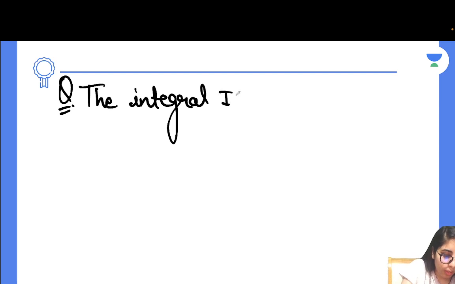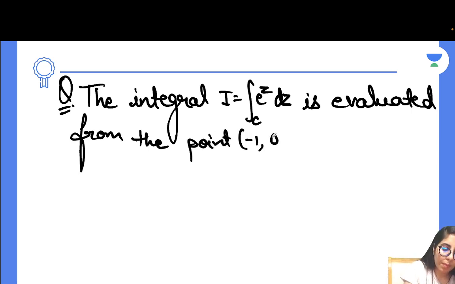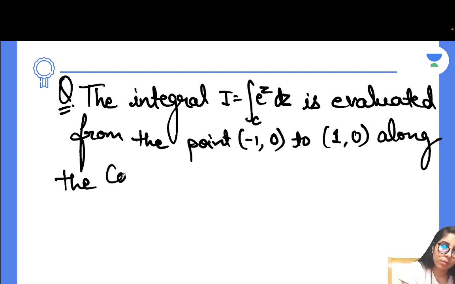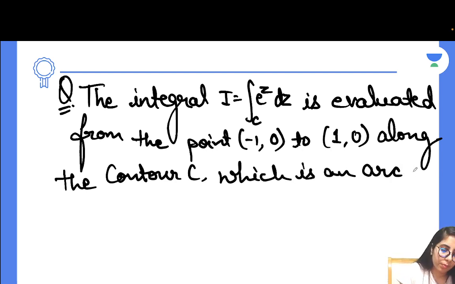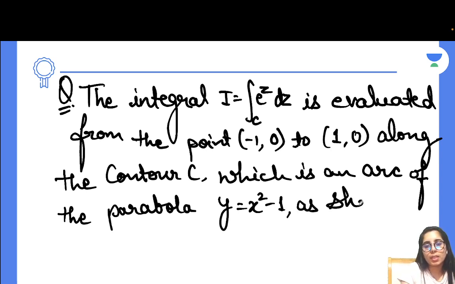The integral I is equal to the integration over C of e to the power z dz, evaluated from the point minus 1, 0 to plus 1, 0 along the contour C, which is an arc of the parabola y equal to x square minus 1, as shown in the figure.